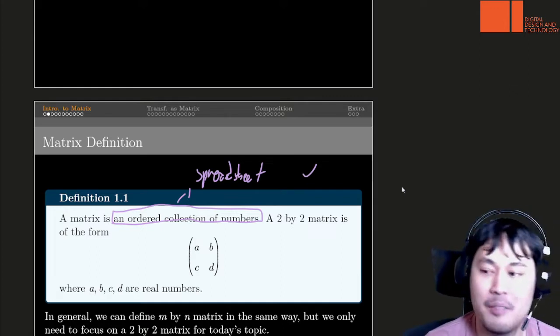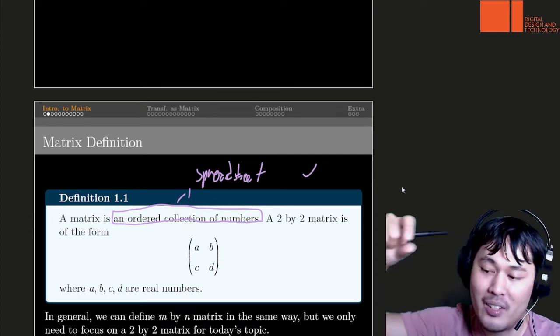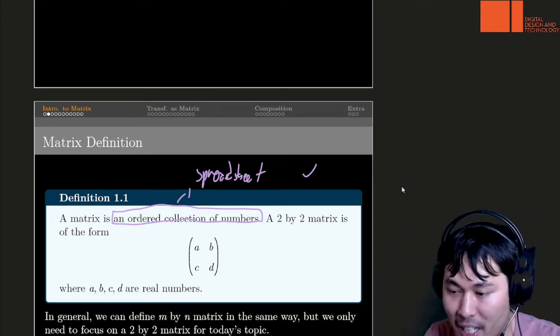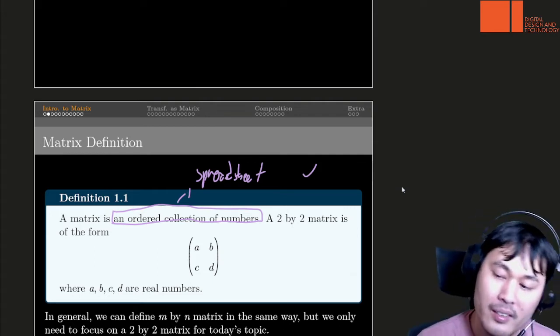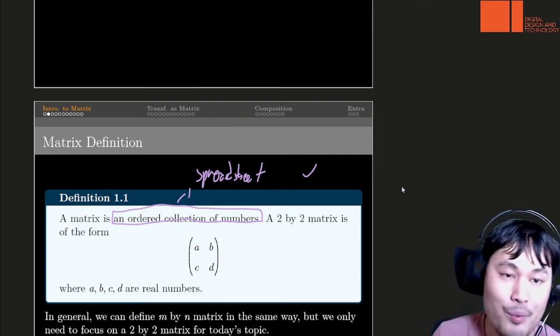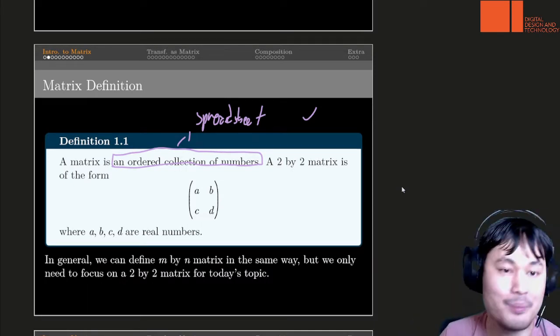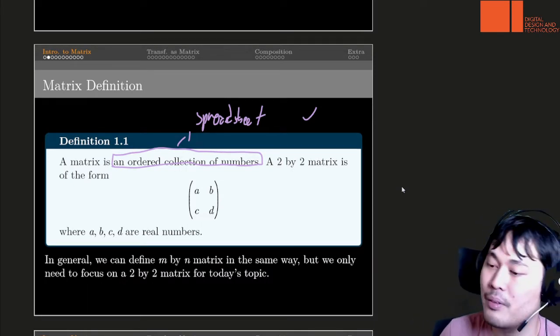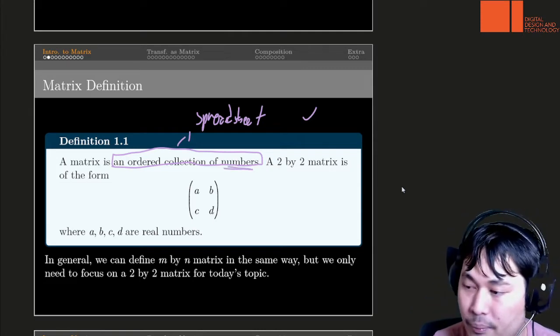You can actually think of a spreadsheet as a matrix, where each entry or each cell has some kind of information. Sometimes it's a number, sometimes it's a word. It kind of works. But for math people, or for mathematical study, we think of a matrix as an ordered collection of numbers.